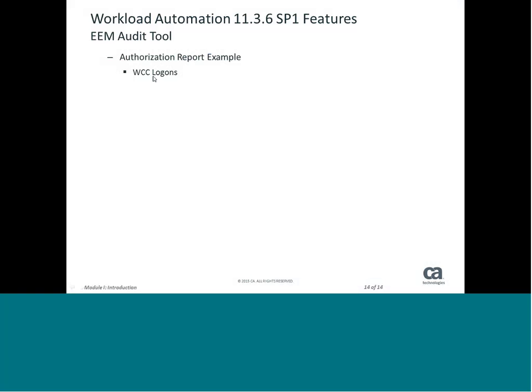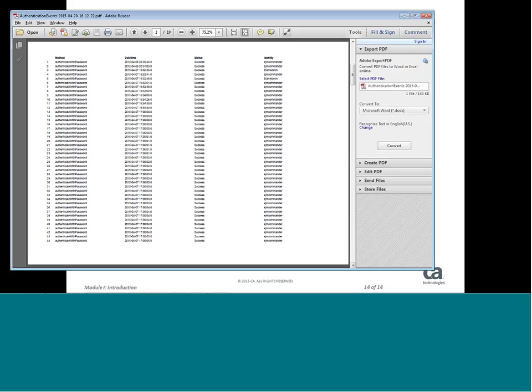So one of the common requests that we get is, who's been logging on to WCC? So as you can tell, I usually use EGM Commander as my login. I've also got some EEM logins in here as well.